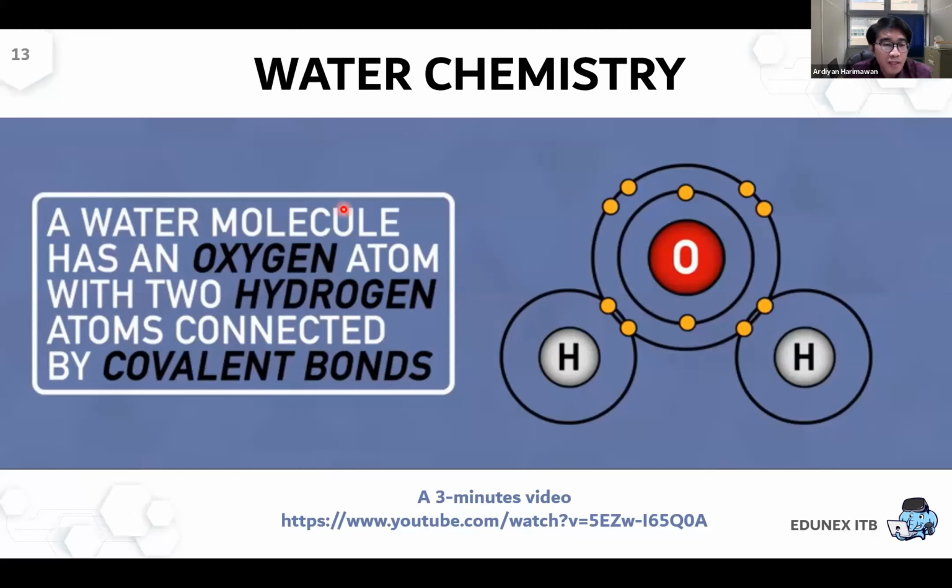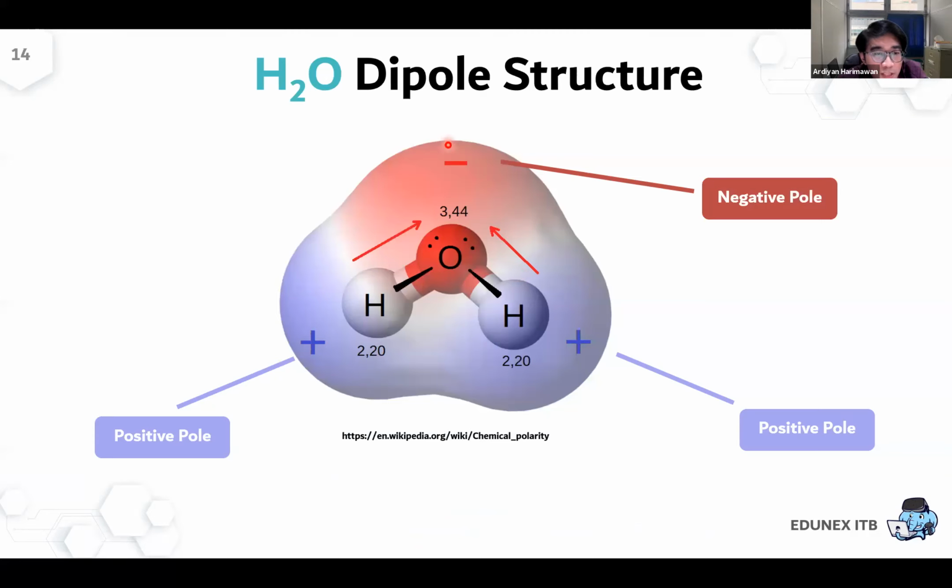Okay, so that will be the characteristic of water chemistry. I think from the video you can understand why water has some distinct characteristics, where normally for other compounds the phase will be gas, but water at atmospheric pressure and temperature will be liquid.